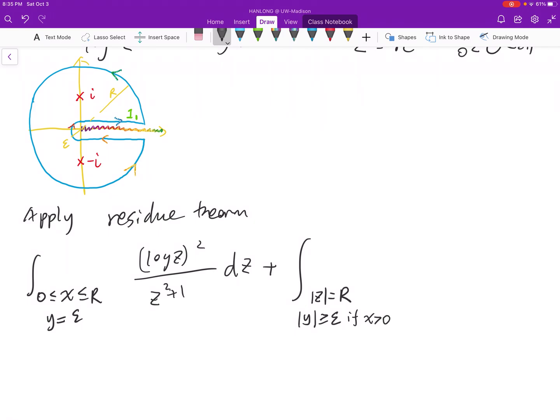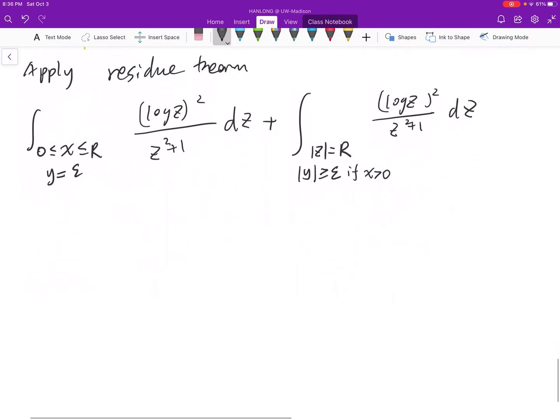So in the right half plane, you're missing one piece of the circle. You don't have this piece. Okay. And then the integrand is (log z) squared over z squared plus 1 dz. And then you have a minus sign.